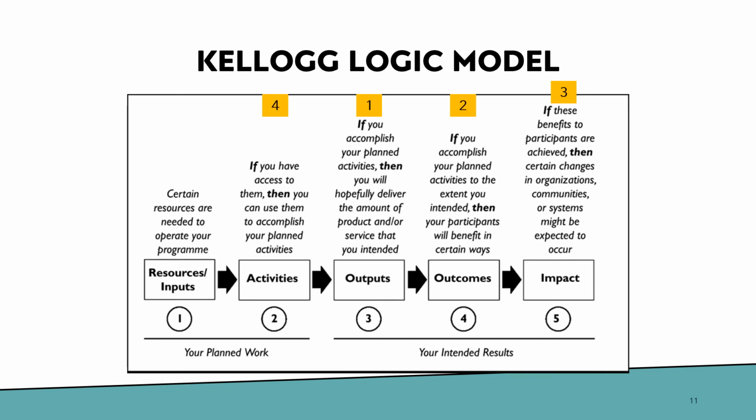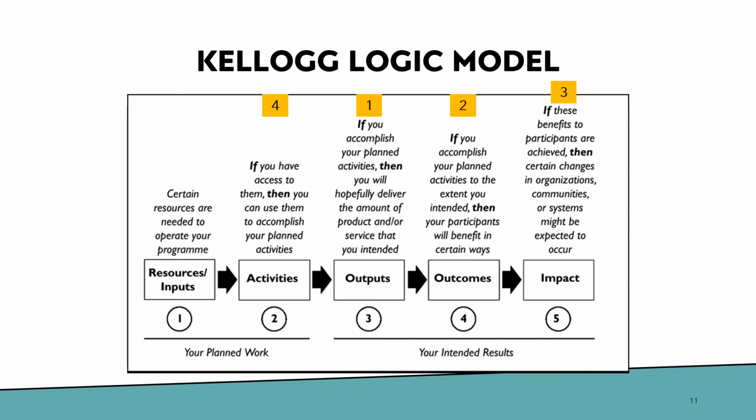So in order to see this impact and deliver these outputs and be able to measure the outcomes, what are the specific activities? So if you work kind of backwards like this, it helps you avoid wasting resources. It helps you think through what are some of the possible unintended consequences.